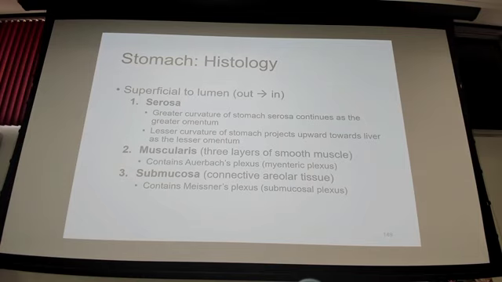We talked about how some have an adventitia, some have a serosa, the stomach has a serosa. And then the muscularis. What does the myenteric plexus control again? Movement, exactly. And what is the submucosal plexus? Secretions. Put those two together in your brains.